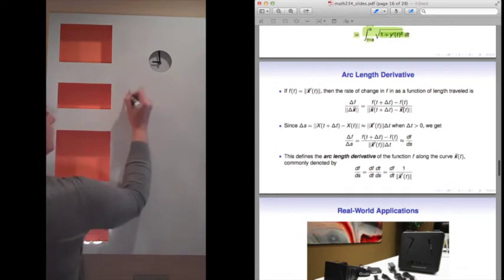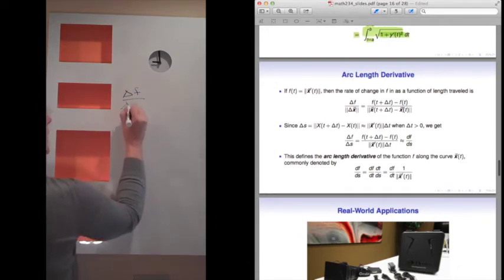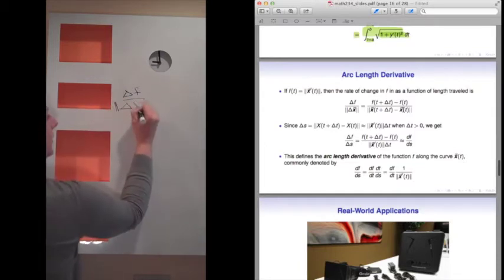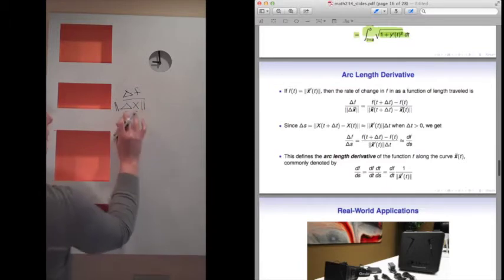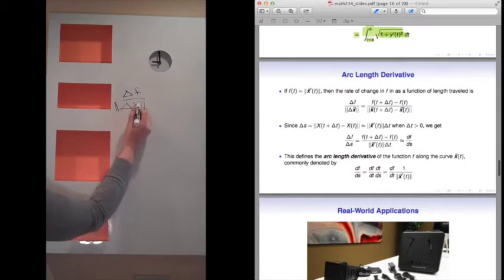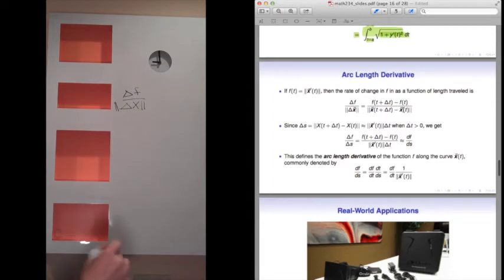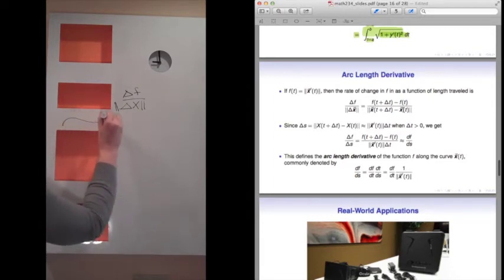So we want the change in f divided by the change in position. This is our point, so this is our position x. How much distance did we cover?